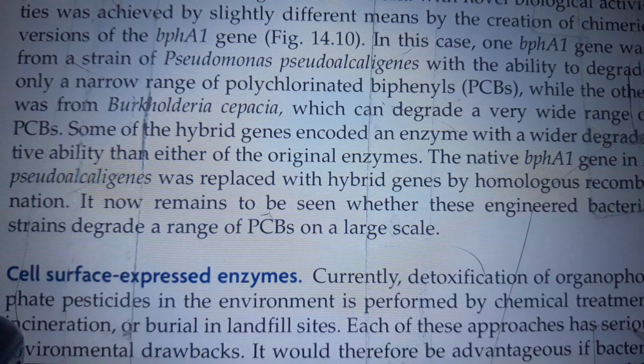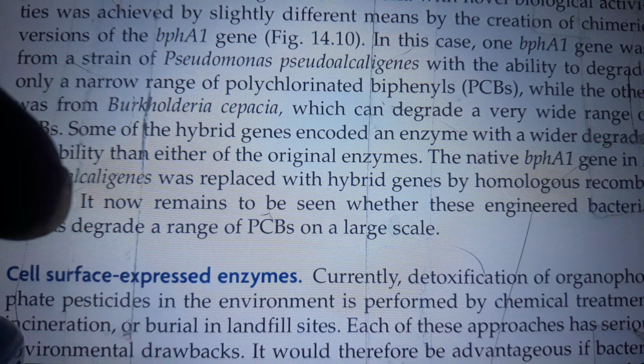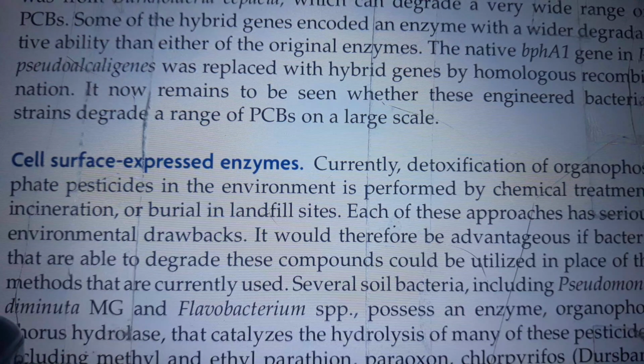In this case, one BPH-A1 gene was from a strain of Pseudomonas pseudoalcaligenes with the ability to degrade only a narrow range of polychlorinated biphenyls, PCBs, while the other was from Burkholderia cepacia, which can degrade a very wide range of PCBs.